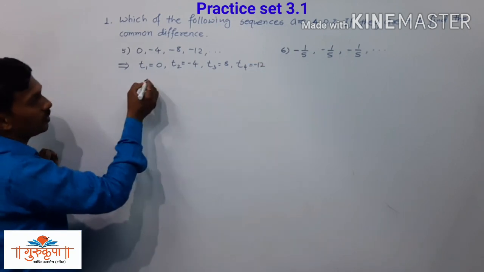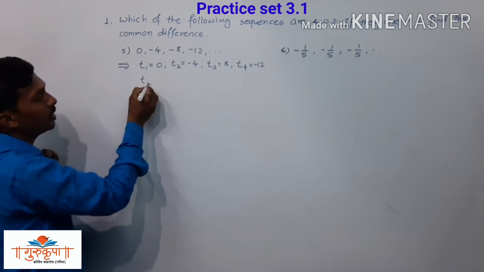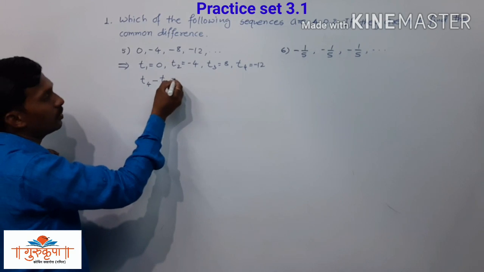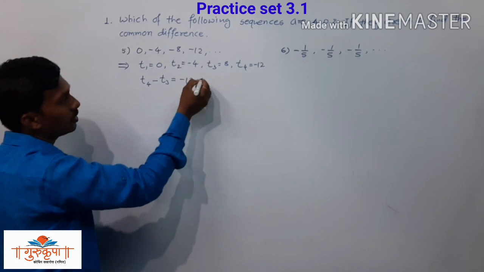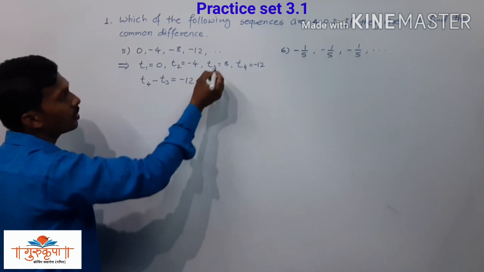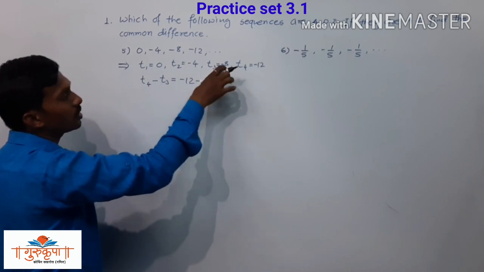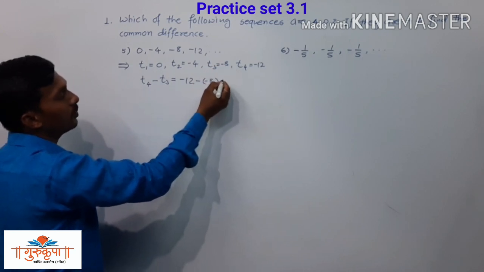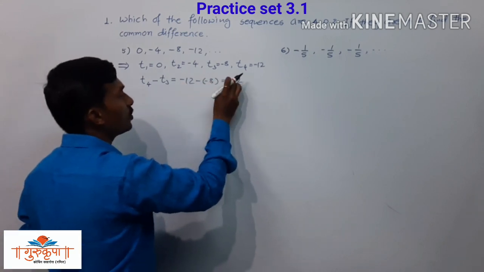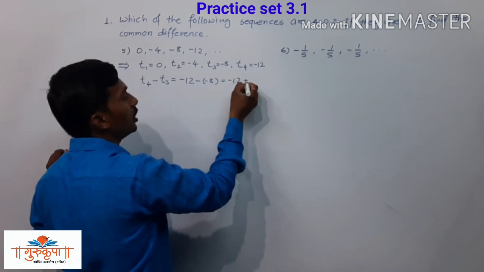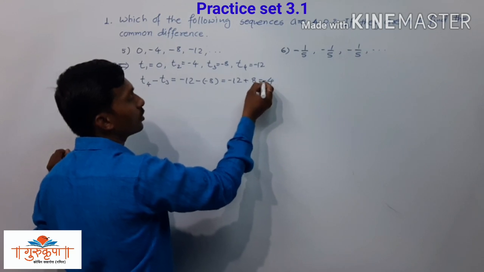First of all we have to find the common difference between the fourth and third term, that is T4 minus T3, which is minus 12 minus T3. T3 is minus 8. Now we have to simplify this: minus 12 as it is, minus into minus is plus, that is 8, and minus 12 plus 8 is minus 4.